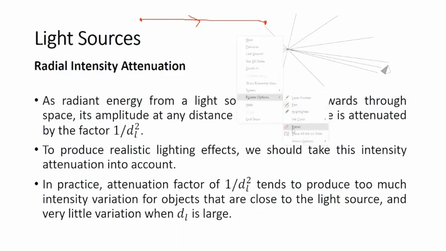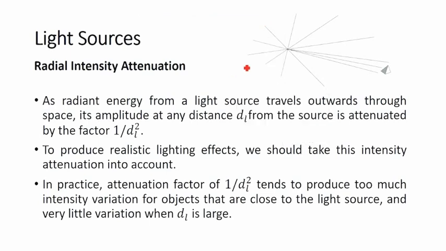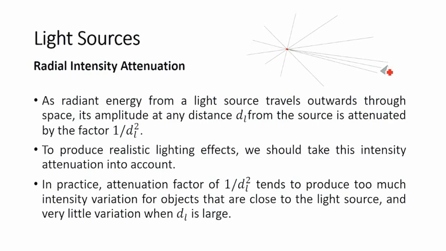Take for example, this is the light source somewhere very far away from the scene or from this object, the tetrahedron we have taken. It's illuminating this tetrahedron from one direction, and the amount of light intensity that this tetrahedron receives is comparatively less than if we had a tetrahedron at this position.